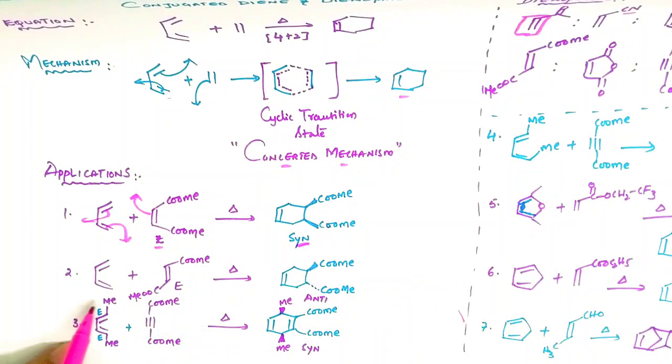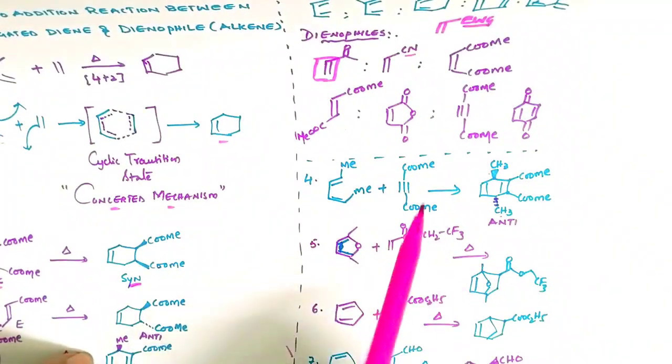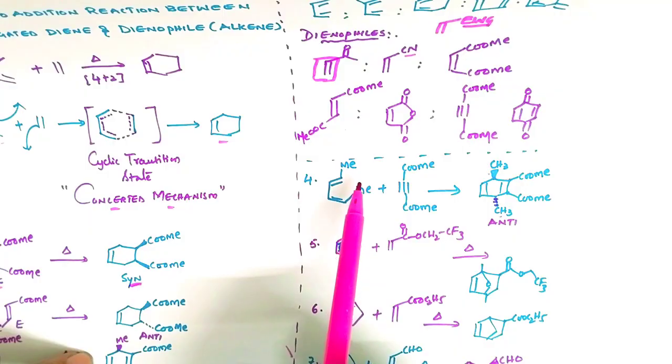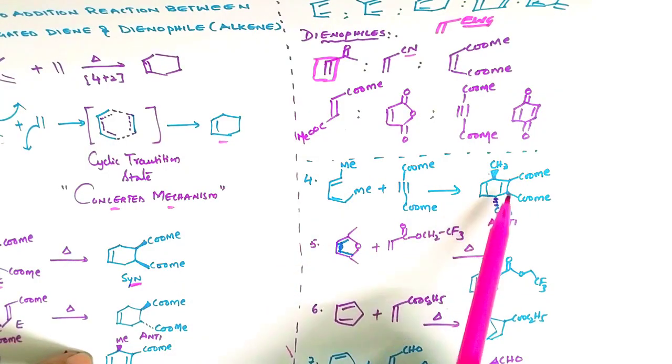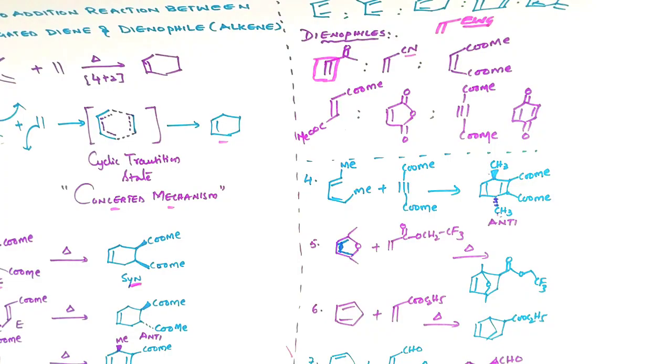Remember that. If the substituted groups are opposite to each other, in conjugated diene, in product, those groups will be on the same side. Syn product will be observed. Otherwise, if the groups are in the same direction, in the product, the groups will be in the opposite direction. Anti-product will be formed. So these are the very much important relations which we need to observe.